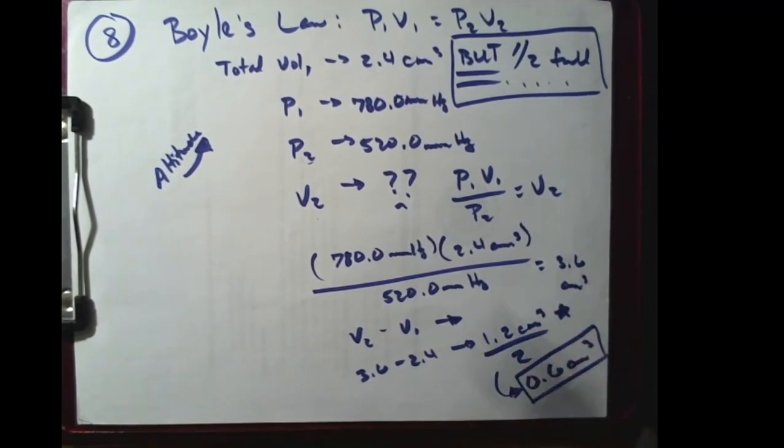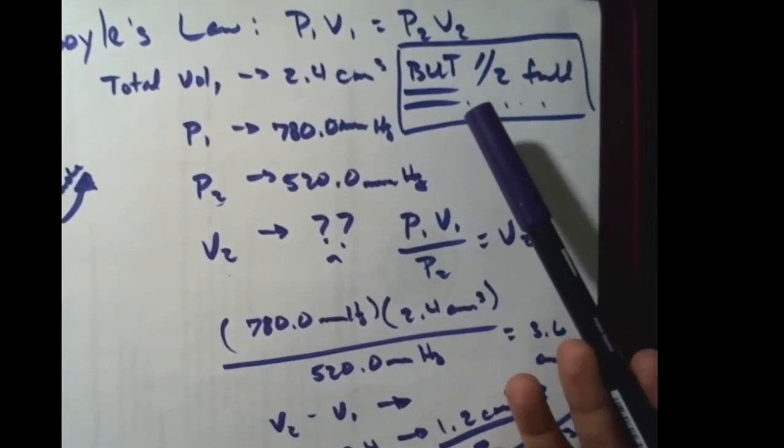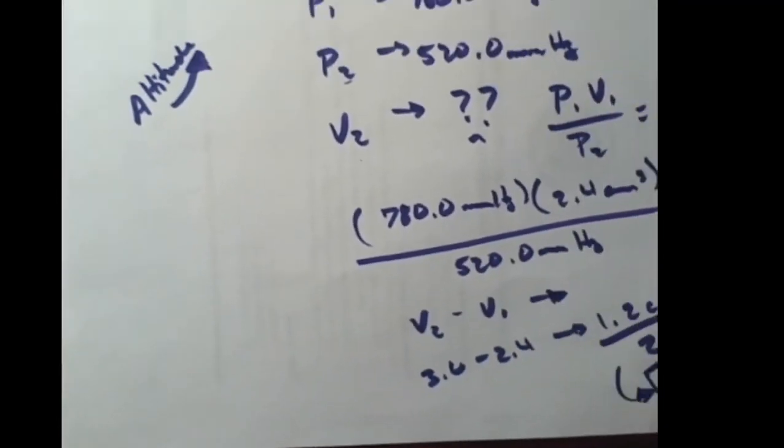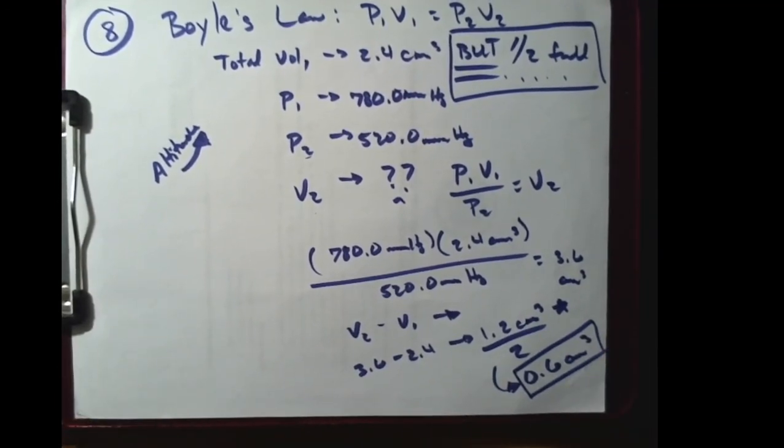But you kind of have to look at the problem a little bit differently and make notes. Like I said, making a note of this especially. We know that the total volume was 2.4, but it was half full, so you kind of have to mess with the formula a little bit more. But yeah, that's it. That's all 8 problems of the Boyle's Law worksheet.